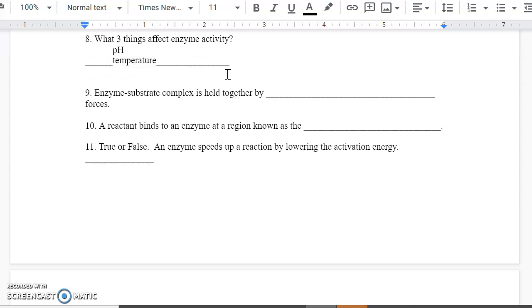They're going to change shape and not be able to bind their substrate. Okay, so pH, temperature, and substrate enzyme concentration. You want them as close to equal as possible. The closer they are to being equal, the faster the reaction is going to occur.